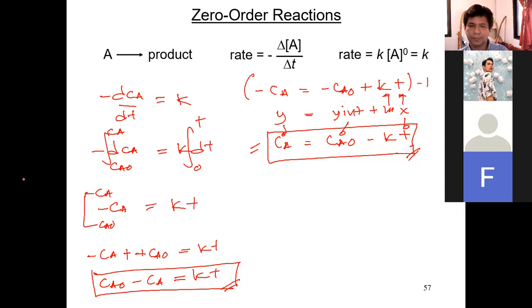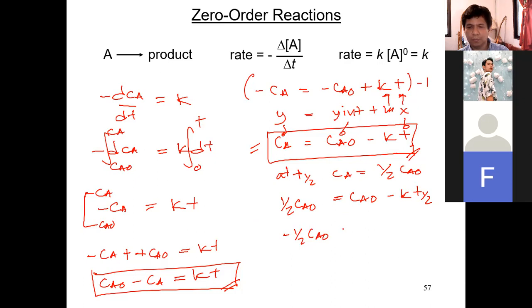What about the half-life pag zero order? So pag half-life, ang CA is equals to 1/2 CA0. So 1/2 CA0 equals CA0 minus k t-half. Pag minus siya dito, magiging negative 1/2 CA0 equals negative k t1/2.